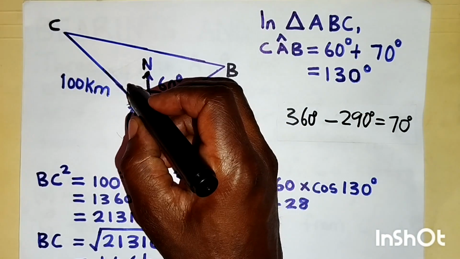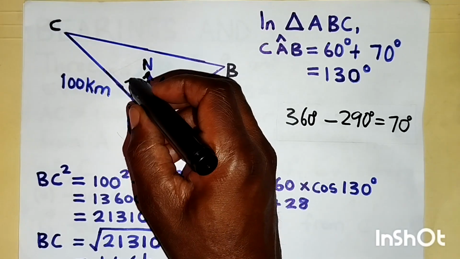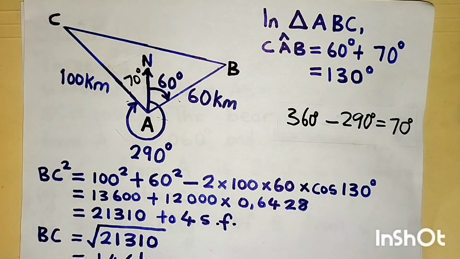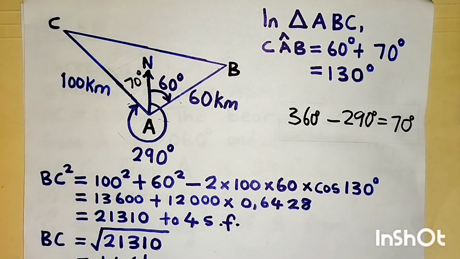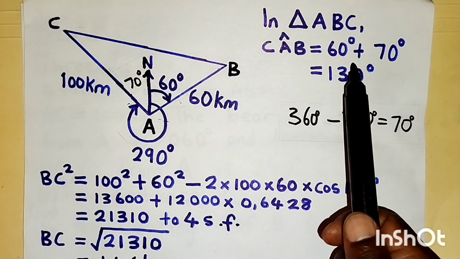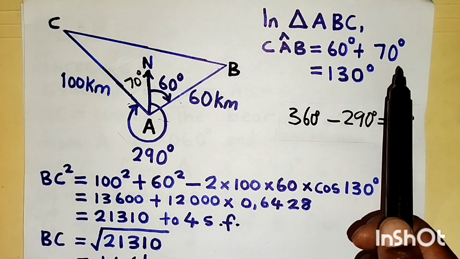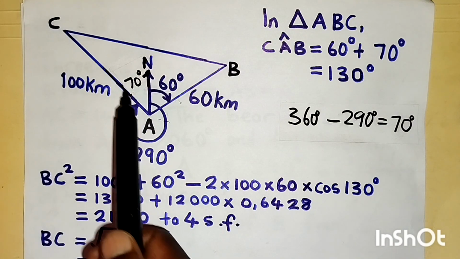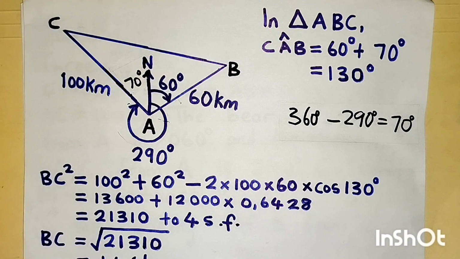So the size of this angle here is 70 degrees. Okay, so now the whole angle CAB is given by 60 degrees plus 70 degrees, which is 130 degrees. So this whole angle CAB is now 130 degrees.